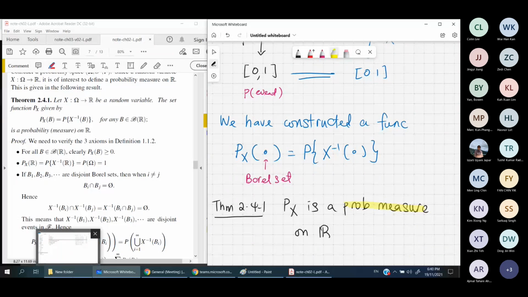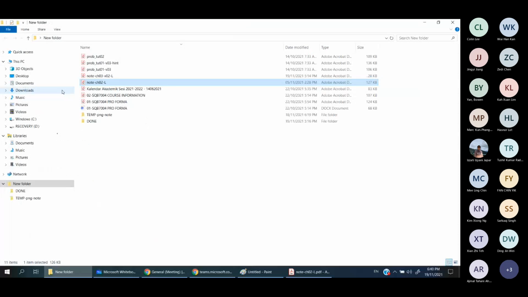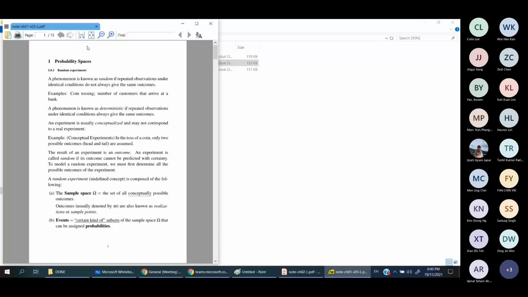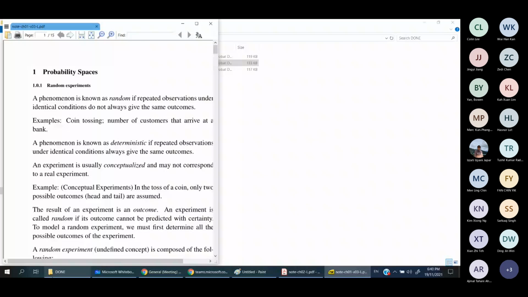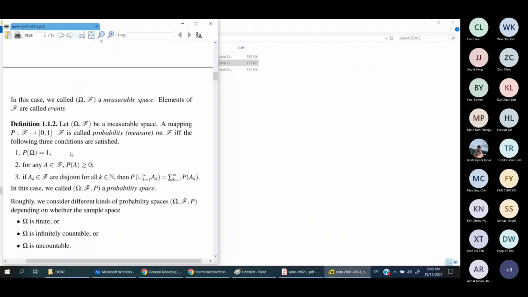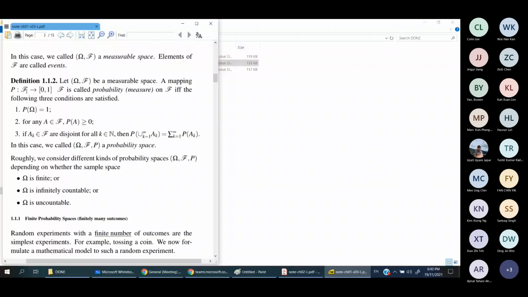Again, what is meant by a probability measure? We have to go back to the definition of probability measure. A given function P from F is a probability measure if and only if it satisfies these three conditions.